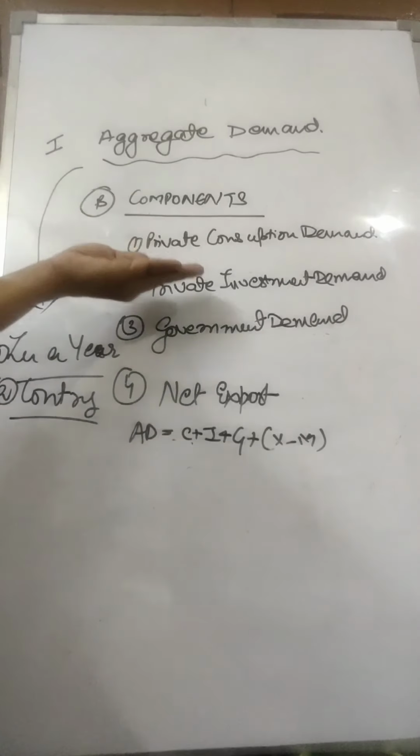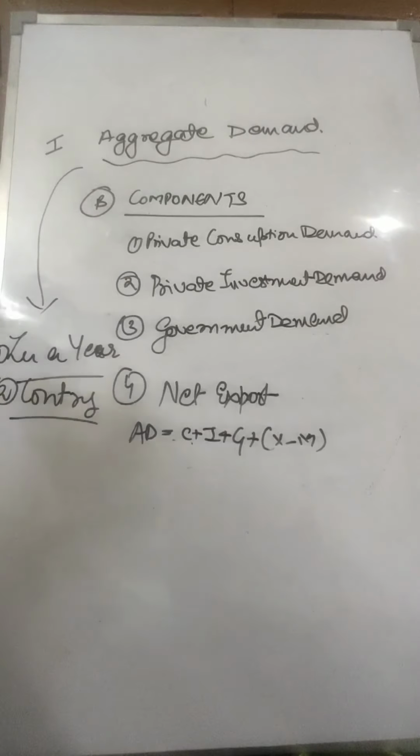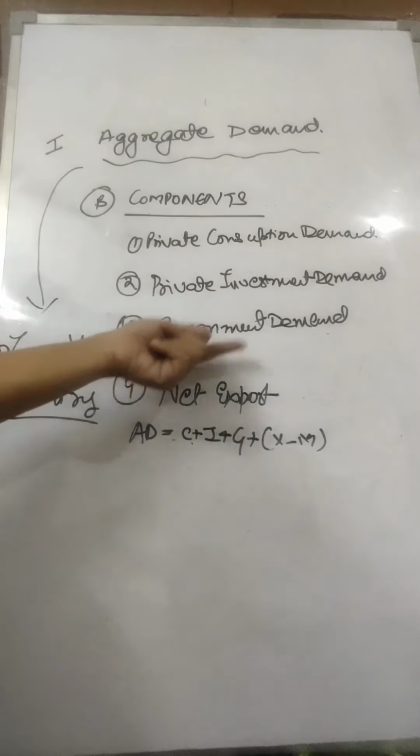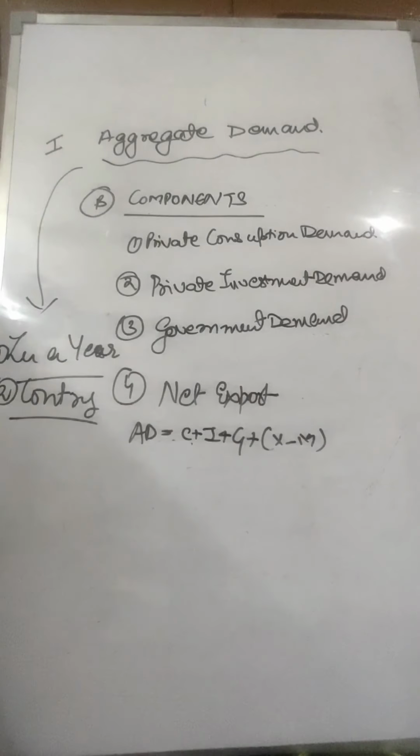So here again, private investment demand will also refer to expenditure by the private firms on the purchase of new capital goods. Remember, capital goods, that is machinery or anything that is used as a part of your investment. Third is government demand, obviously for goods and services only.